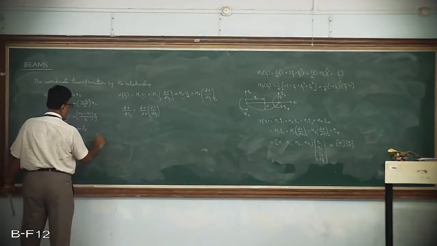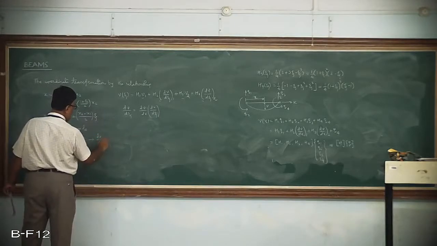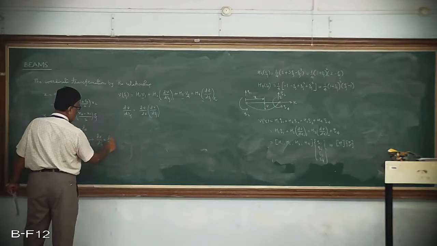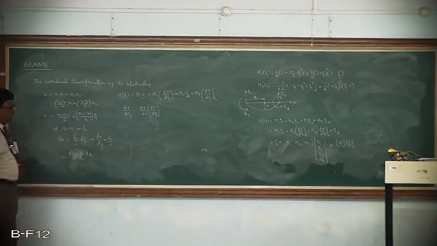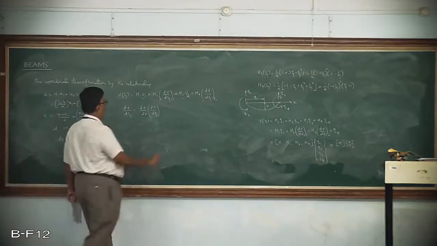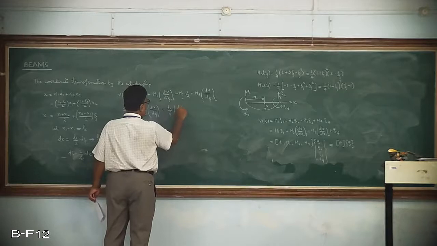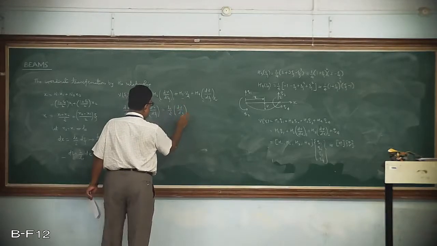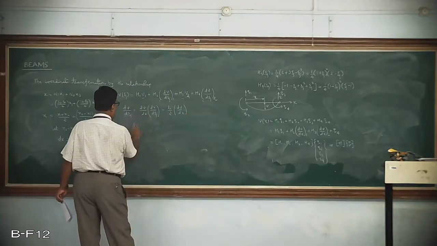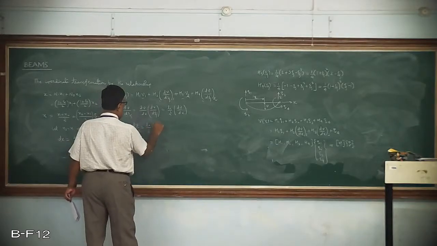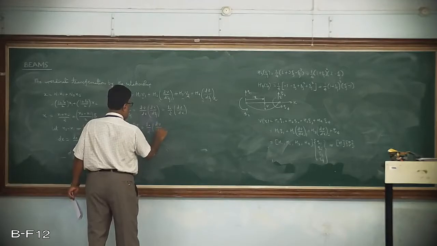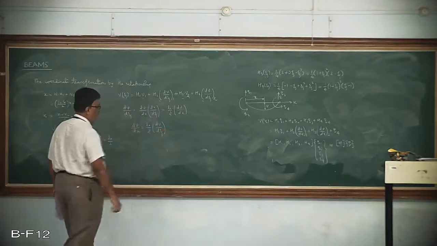It will give you LE by 2, half the length of the element. So it is going to be LE by 2 dV by dx, or dV by d zeta equals LE by 2 dV by dx. This is what you will get.